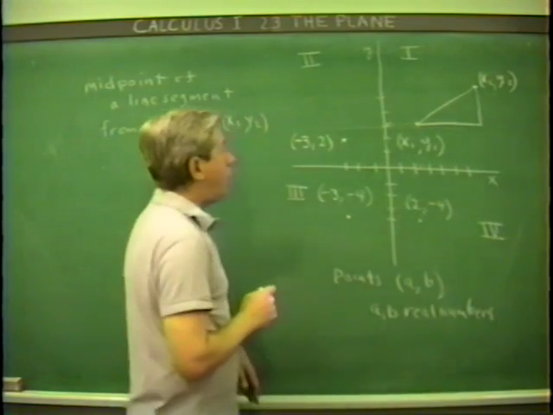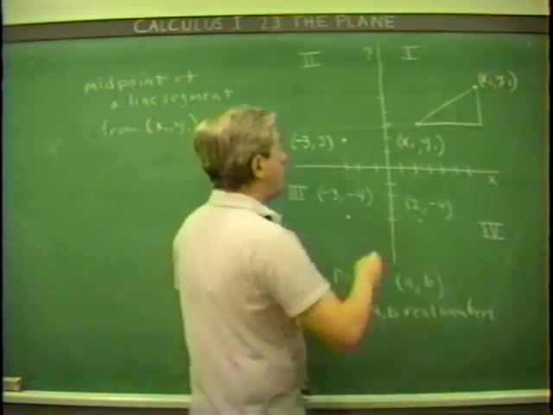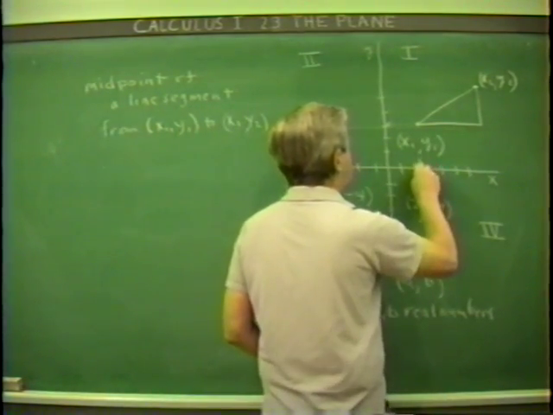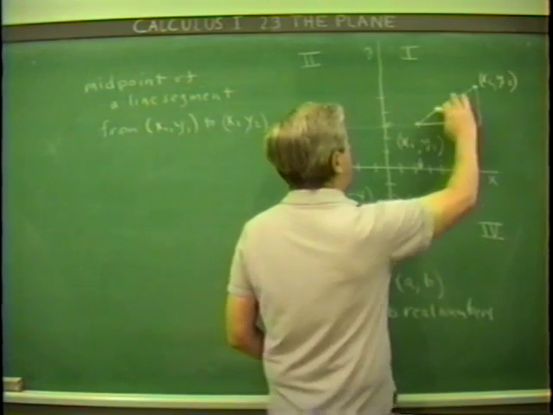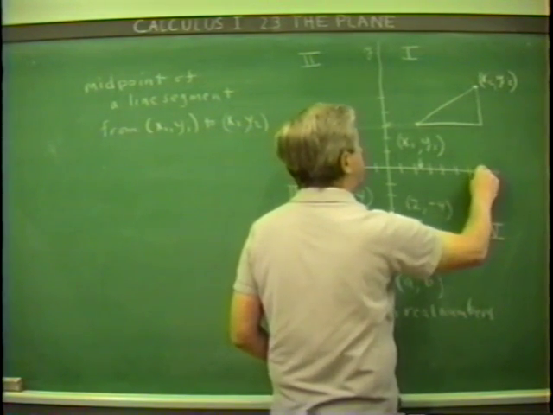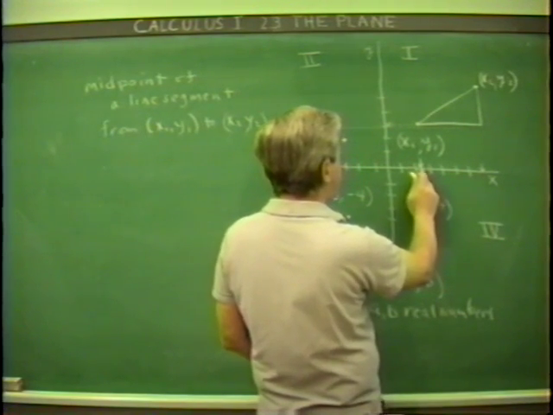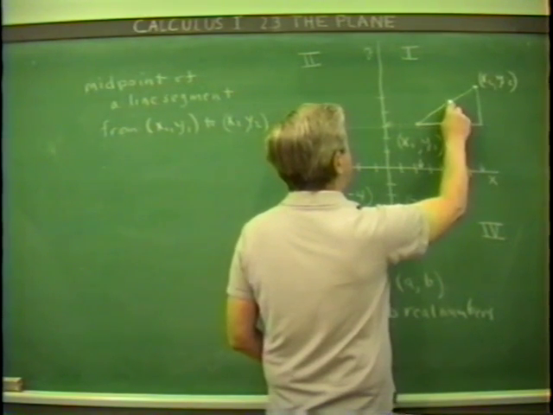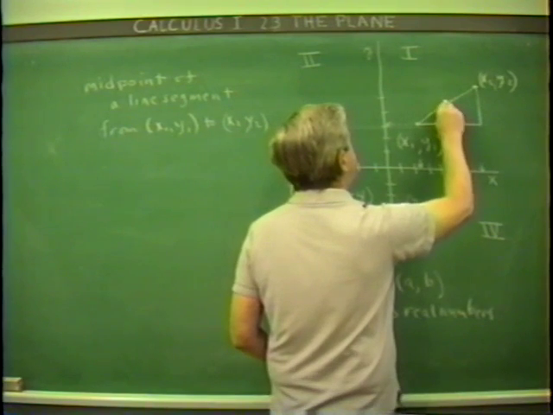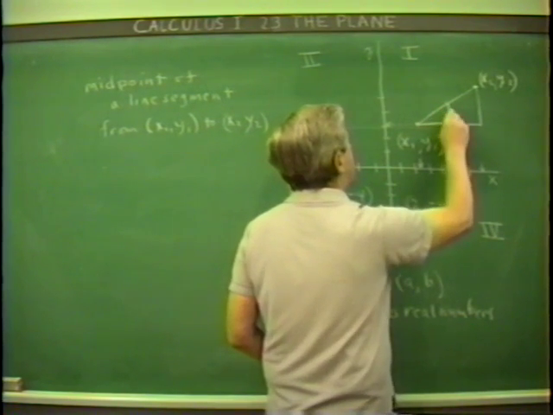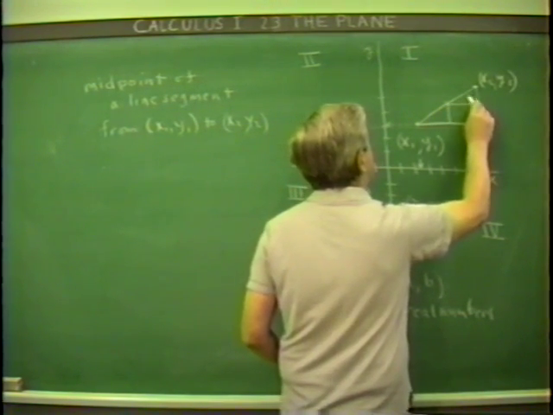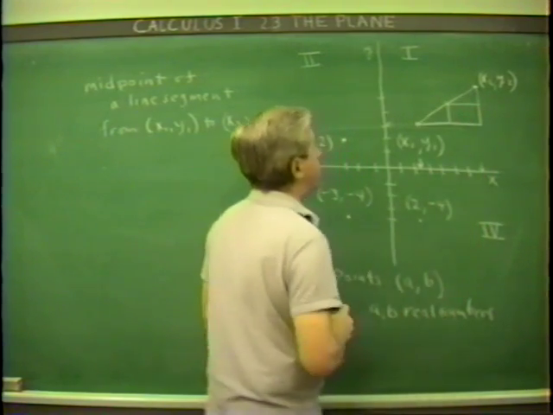I'll talk about that in a moment. However, assuming that we get a triangle as a result of doing this, we find that the midpoint, if we bisect this line, the midpoint determines two congruent triangles here.